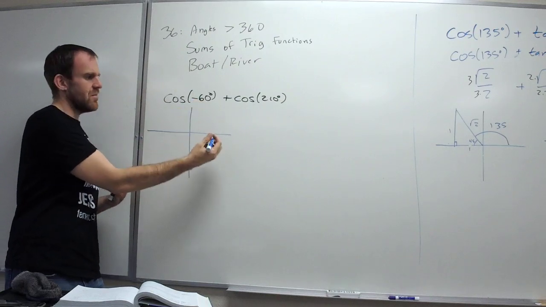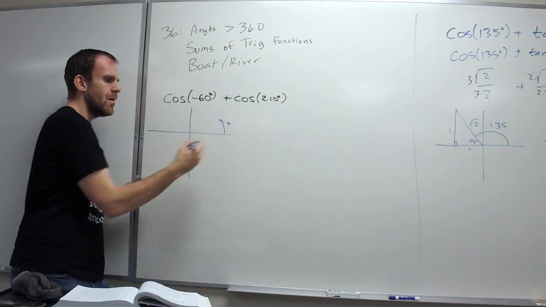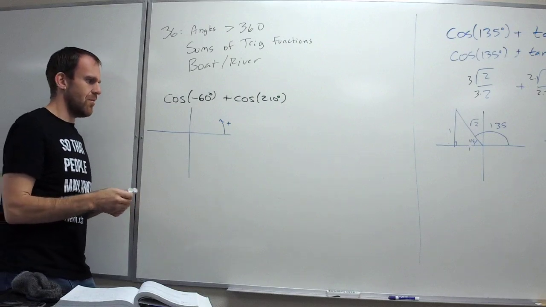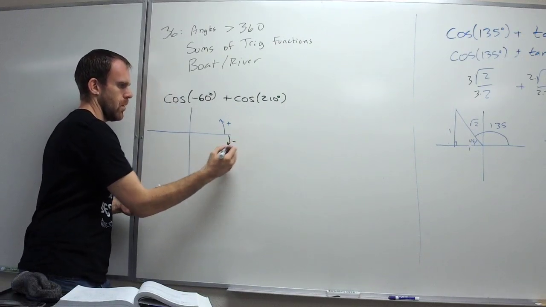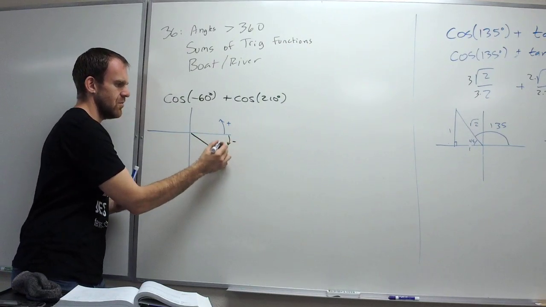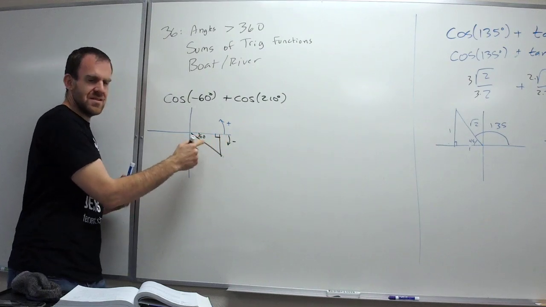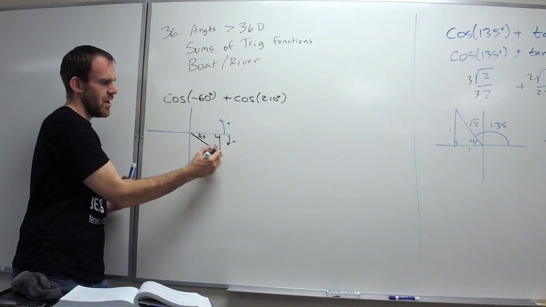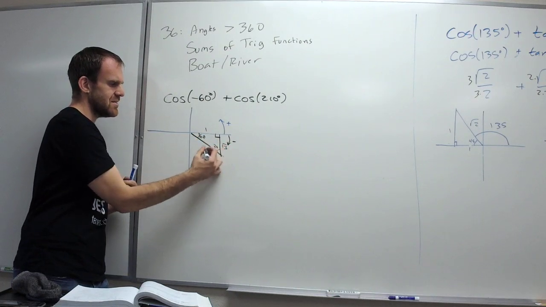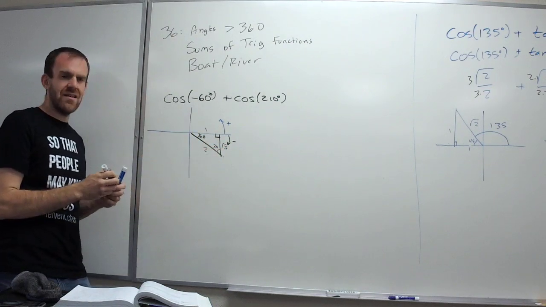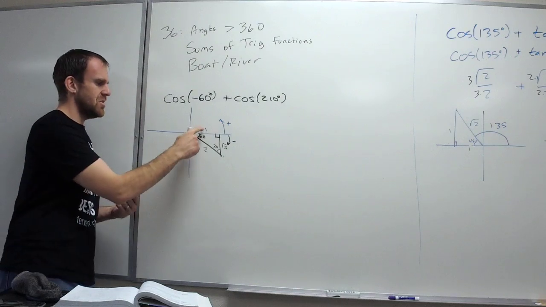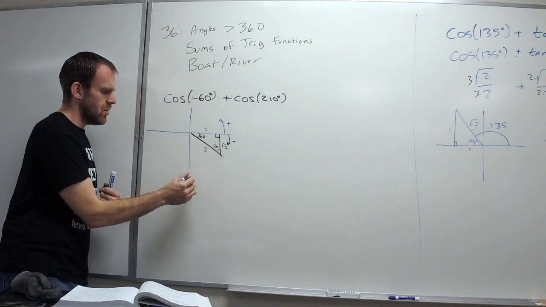So positive angles, we go up. Negative angles, we go down. So negative 60 will live right here. Since this is a 30, 60, 90 triangle, I can draw in the sides. And I know that cosine of negative 60 is adjacent over hypotenuse, or 1/2.